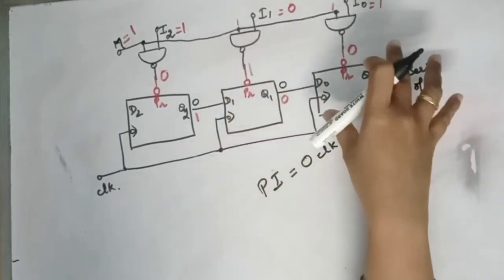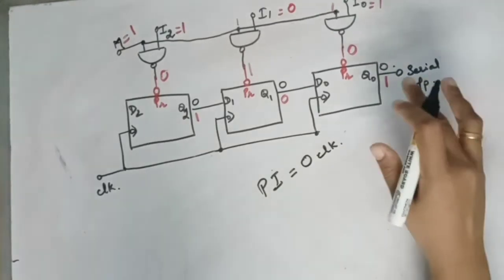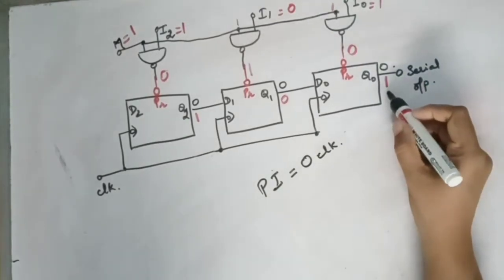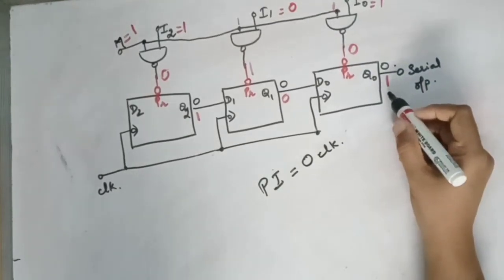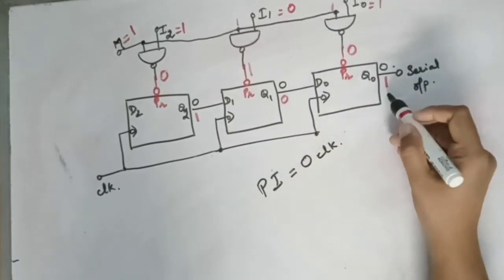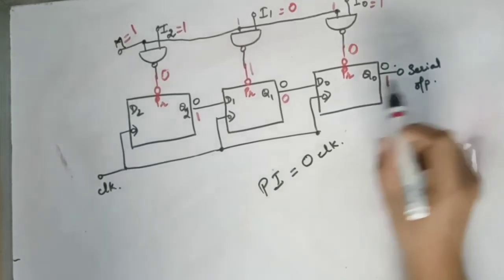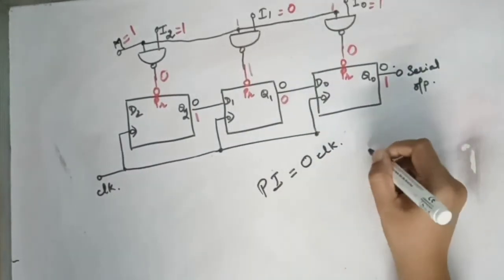So after storing, the first bit you already got without any clock pulse itself. Just by storing you got the first bit, the first LSB bit.